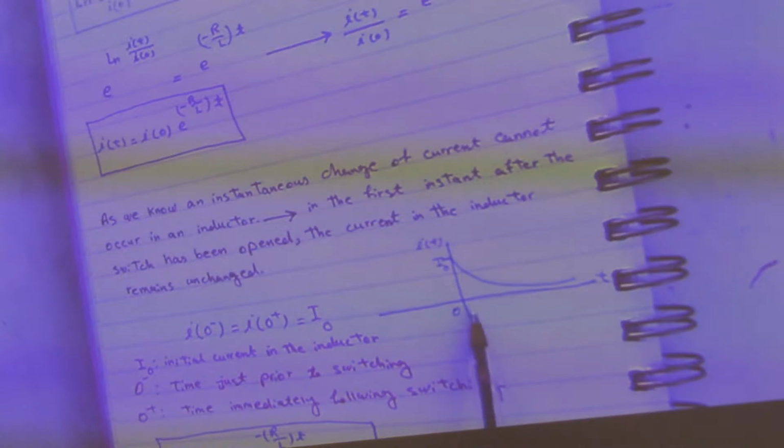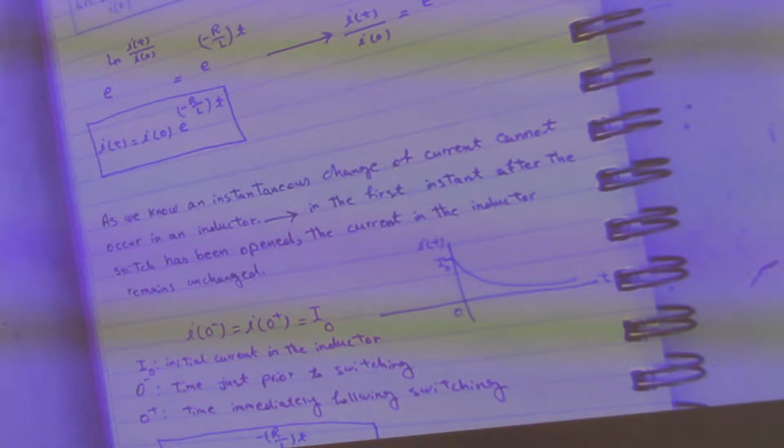The current is continuous. It means there is no jump in the current. We don't see a sudden change, for example, from 0 to I naught, or from I naught to 0. So continuously it approaches 0. Question? Is that clear? Okay.